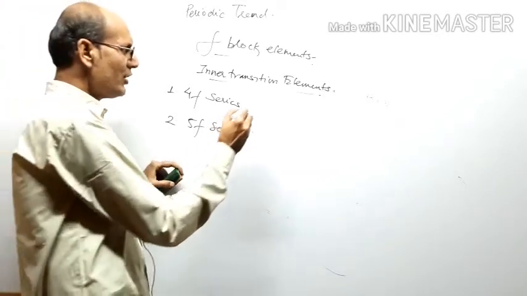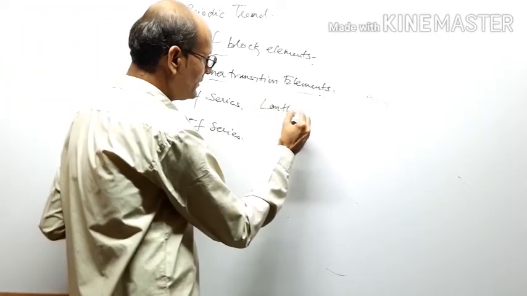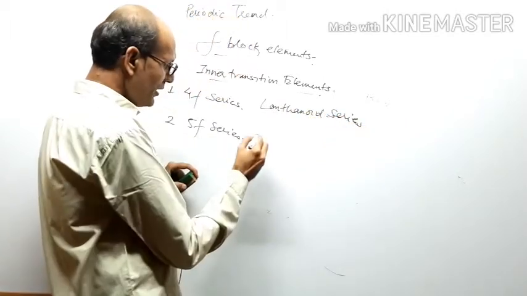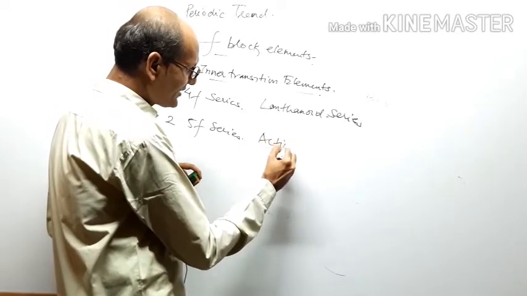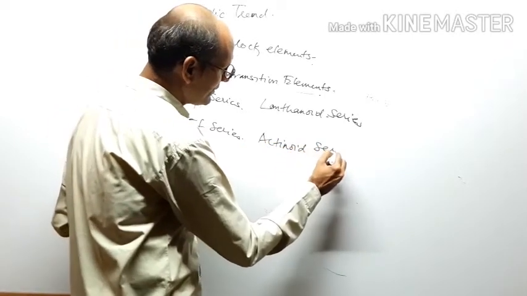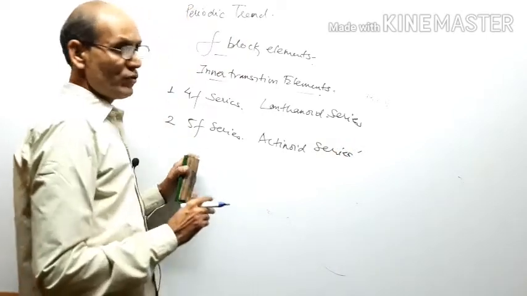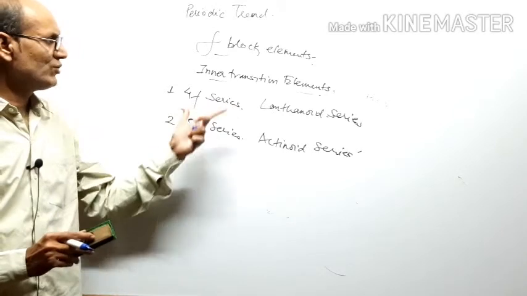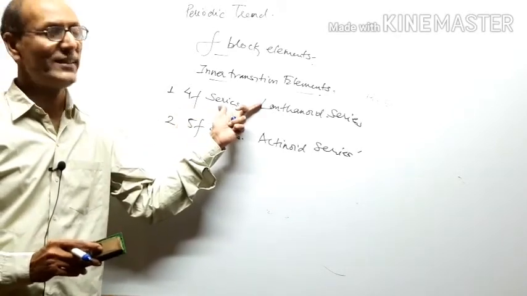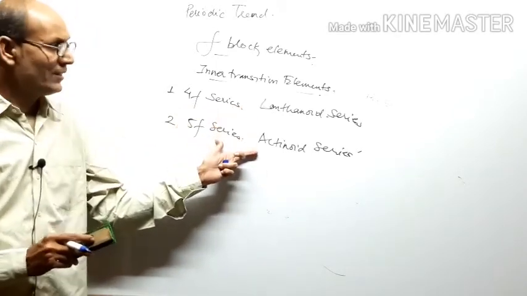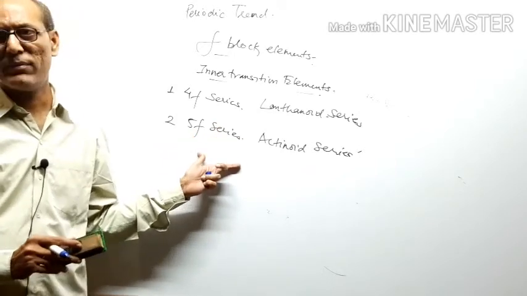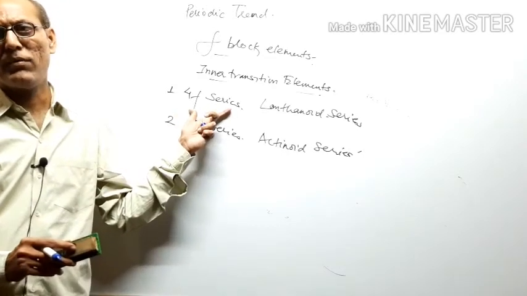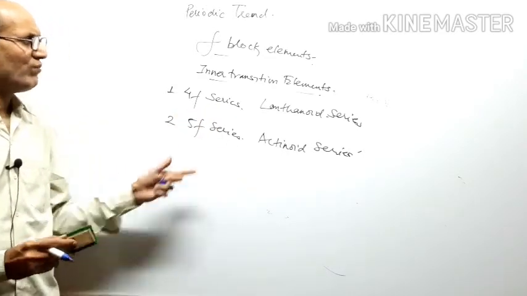The 4F series is also called lanthanoid series, and the 5F series is called actinoid series. So students, in these two series there are 14 elements in every case, and in the next lecture we will explain the electronic configuration and properties of the F block elements.